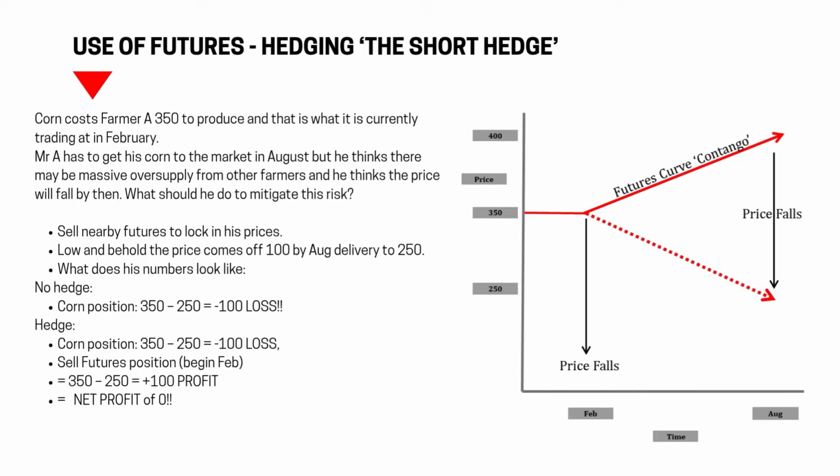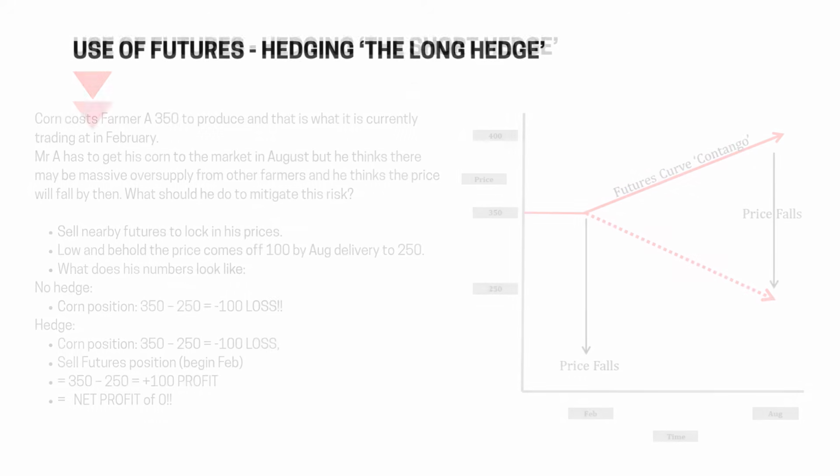He's a happy guy because he's basically lost nothing. He knows the price he's locking in for his business. He gets the price that he wants at market. So that is an example of hedging the risk out of your business.